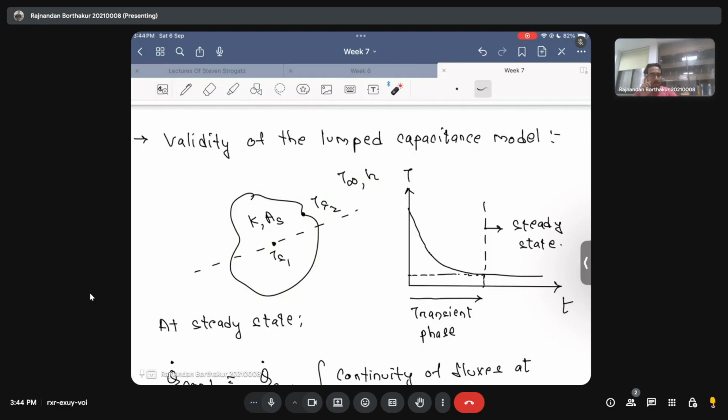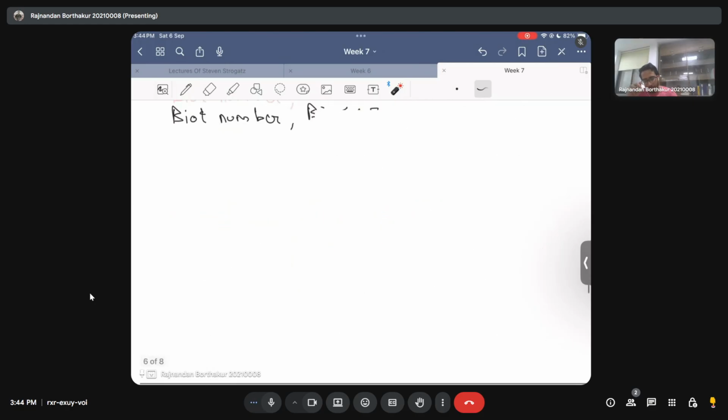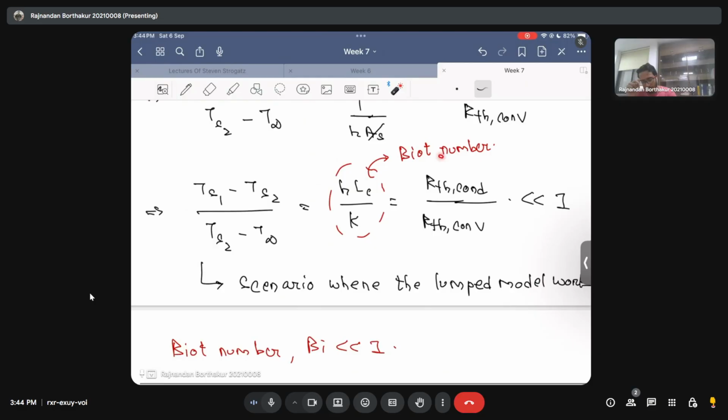And for this to be true, the temperature just needs to be a function of time, because you are essentially in the zone where your Biot number is less than 1. That's the reason why we say that the body is spatially uniform. This is the whole argument behind saying why your body is spatially uniform. It has the sole meaning that the temperature difference within the body is very much less, or in other words, the conduction resistance is very much less than the convection resistance.